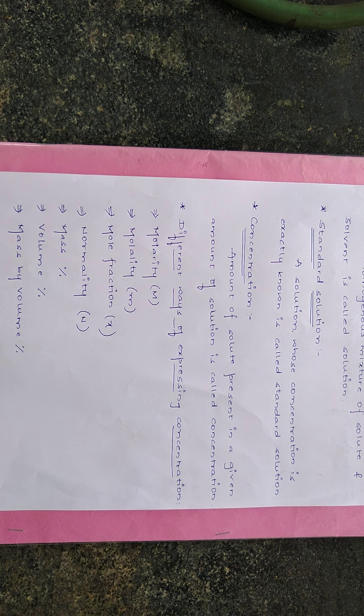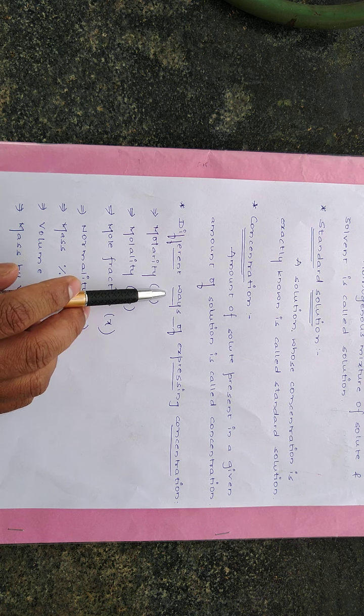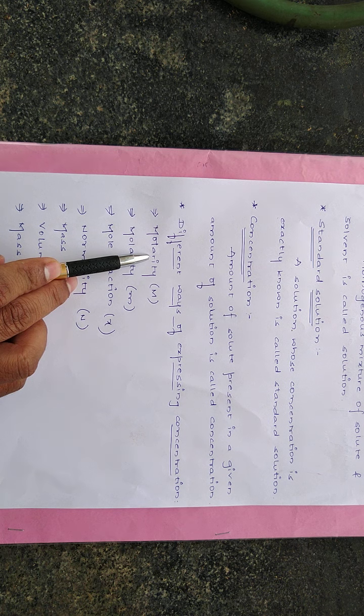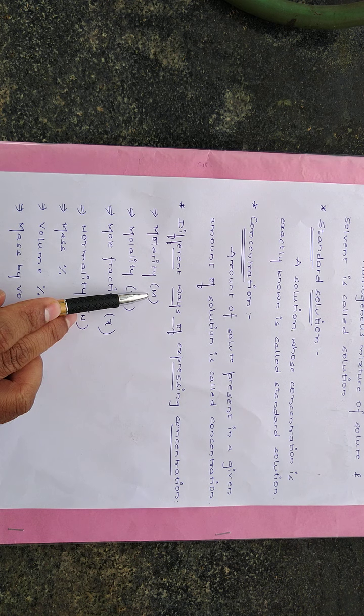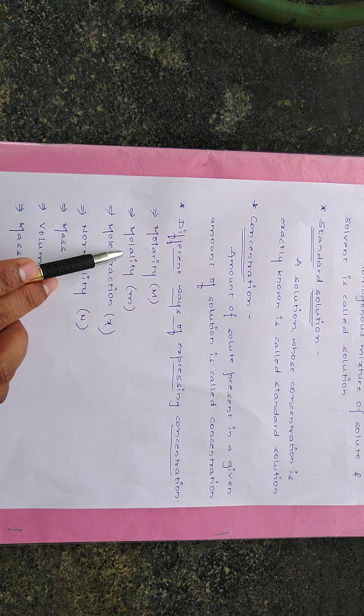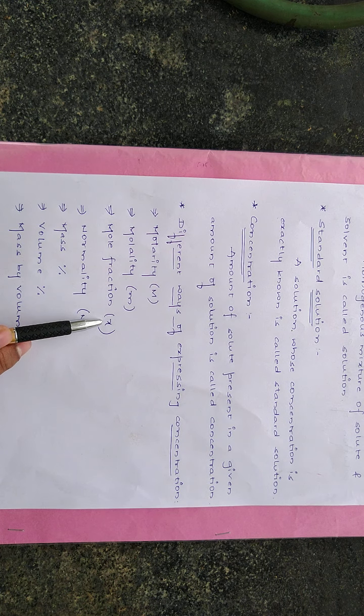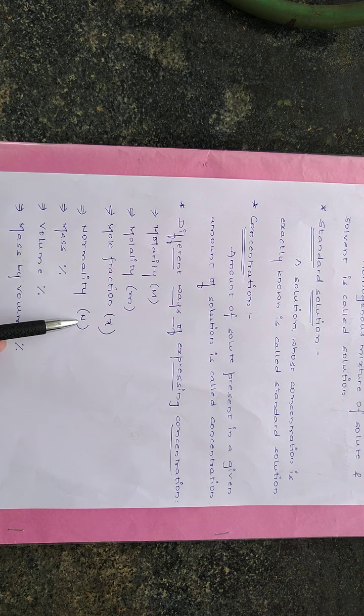Once again, the amount of solute present in a given amount of solution is called concentration. As I have written here, there are different ways of expressing the concentration. One is molarity, represented by capital M; molality, small m; mole fraction, represented by the Greek letter chi; normality, capital N; mass percentage, volume percentage, and the last one is mass by volume percentage.